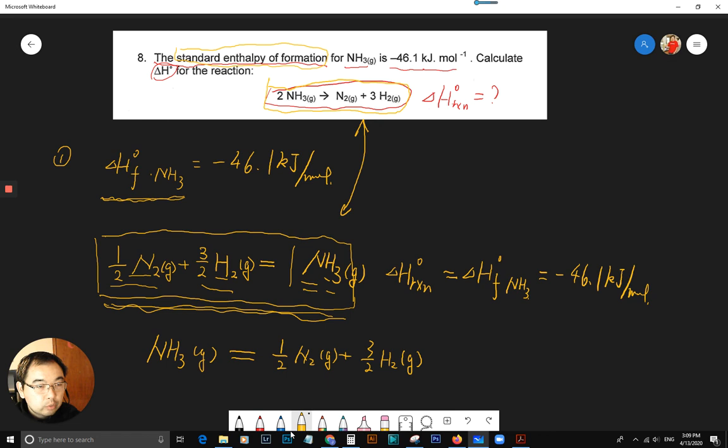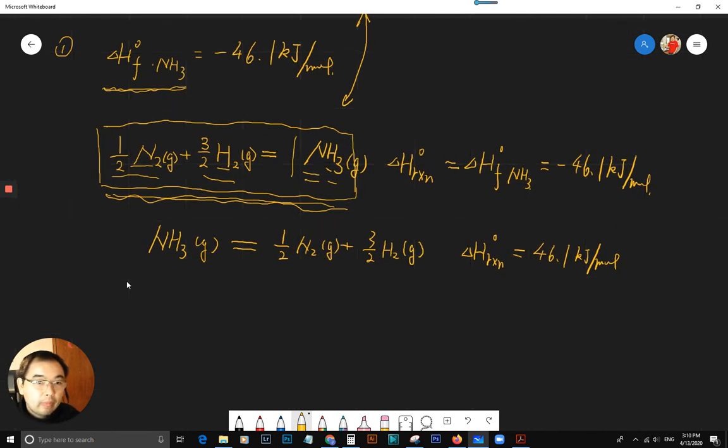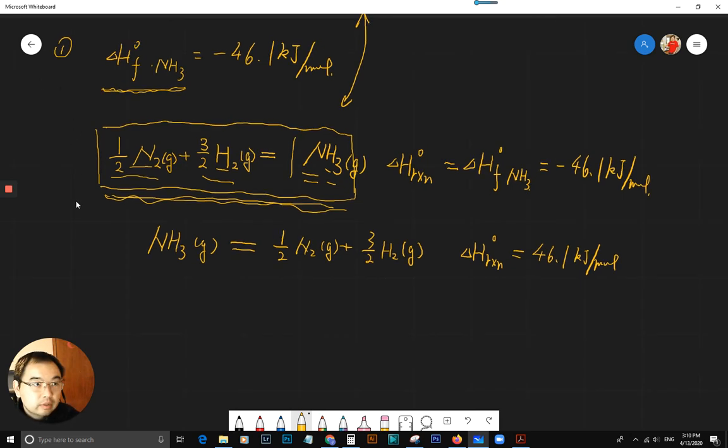Once we reverse this equation, remember the enthalpy reverses the sign, which becomes positive 46.1 kilojoule per mole.